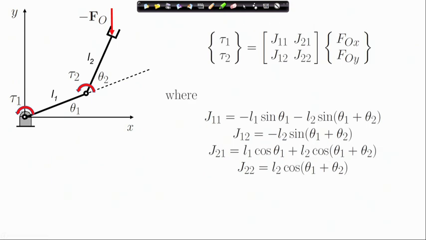When you write out the elements of the Jacobian J11, J21, J12, J22, you note one thing, that this is nothing but the Jacobian transpose.